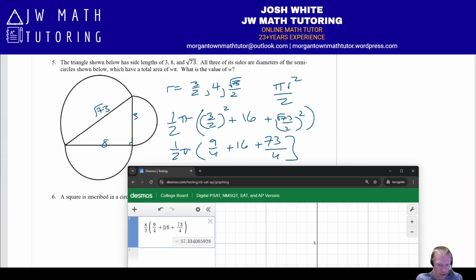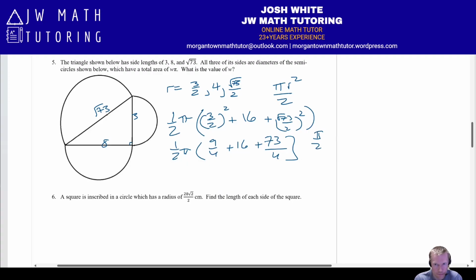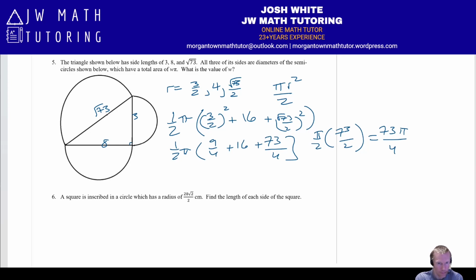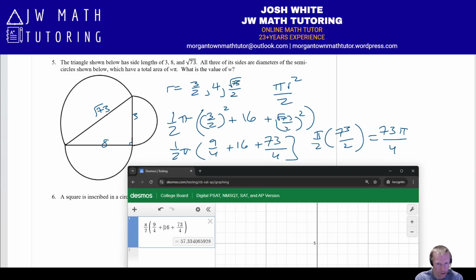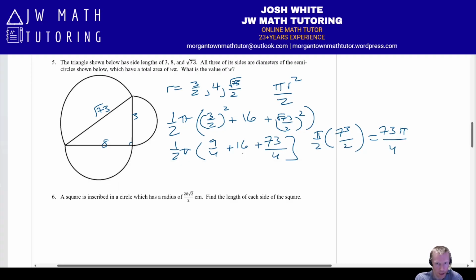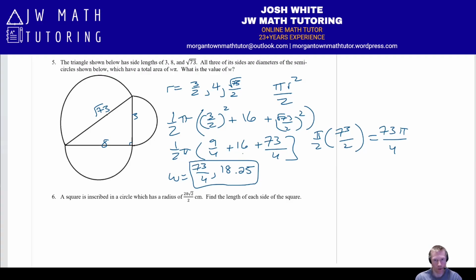It's technically 73 pi over 4, whatever this value right here is. But they want the number that's multiplied by pi. So w is just going to be 73 over 4, which you could also report as 18.25. Either of those would be acceptable.